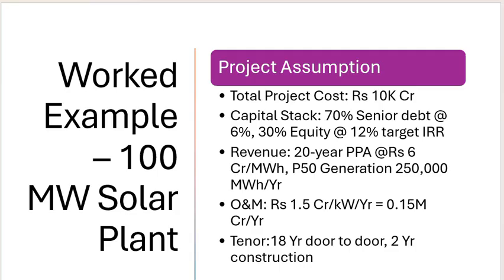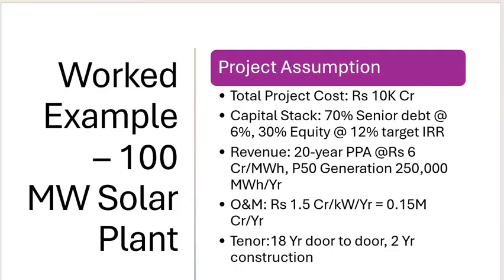So let's discuss the examples, guys, where we are going to discuss two examples. I already told you at the start. The first one is a 100 MW solar plant, and the second one is a 4-lane road construction project. Let's discuss the project assumptions, which apply once the bid is given to the borrower or sponsor. The total project cost is 10,000 crore. It is a huge amount.